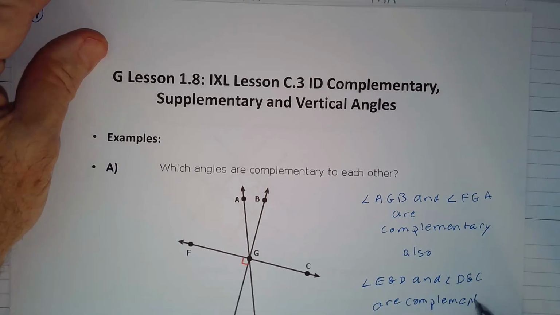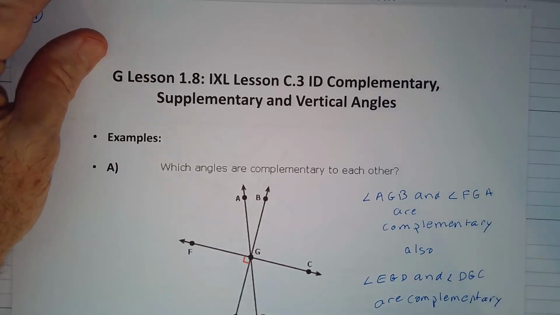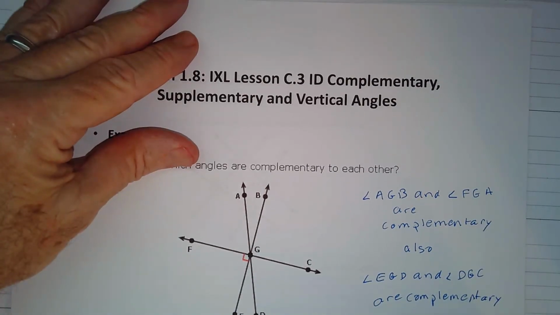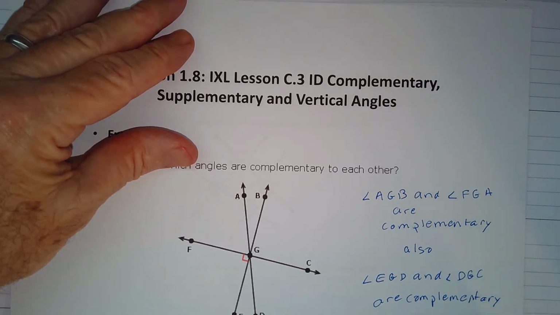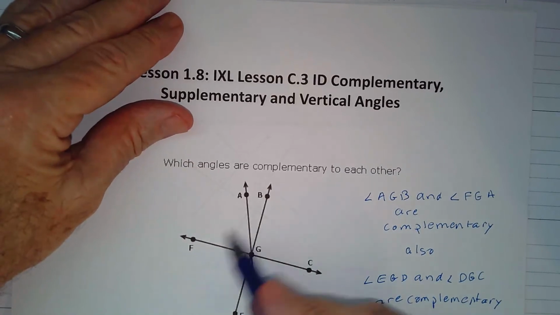And that means, again, complementary angles measure together 90 degrees. Now, how do I know that these two measure 90 degrees?